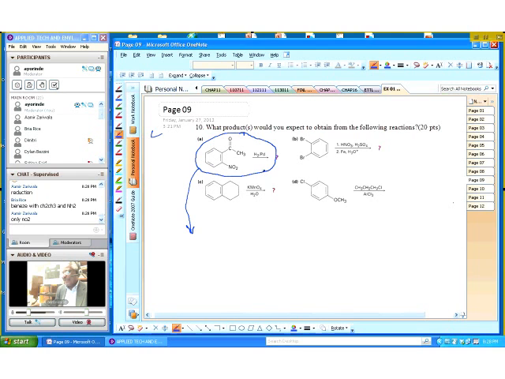We are reducing. In this case, we are going to reduce the carbonyl. And the carbonyl that is attached to benzene is always reduced by this reagent. And also, we are going to reduce the nitro group. So the product that we are going to get will be this product here.